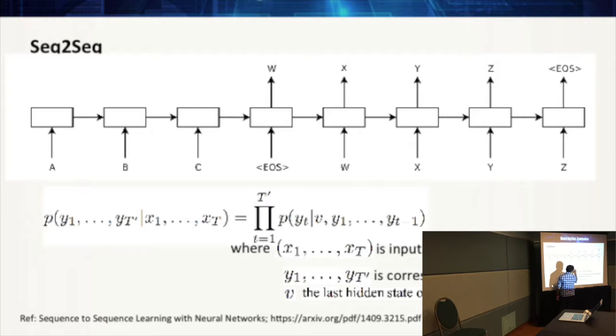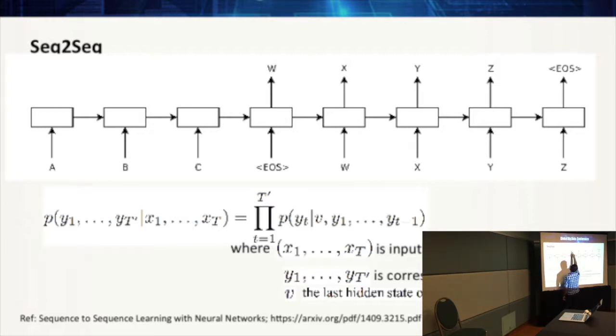So yt in this case goes from t equals 1 to t prime, that is y1, y2, and so on. So each output yt is dependent on all of the previous outputs and v. V is the last hidden state of the LSTM. So after the end of sentence, there's a hidden state of this LSTM.